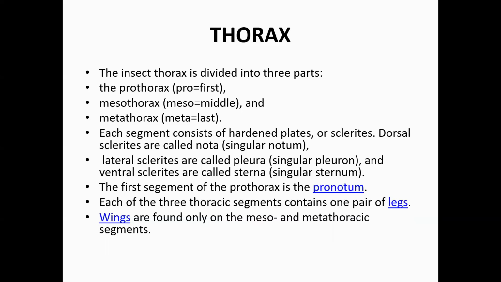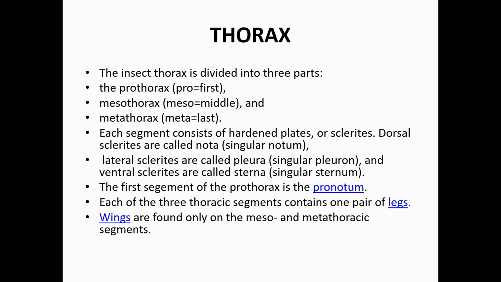And the first segment of the prothorax is the pronotum. The dorsal plate of the prothorax is known as pronotum. And each of the three thoracic segments possesses one pair of legs.